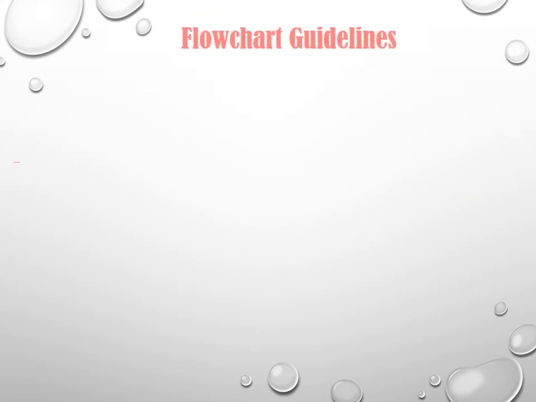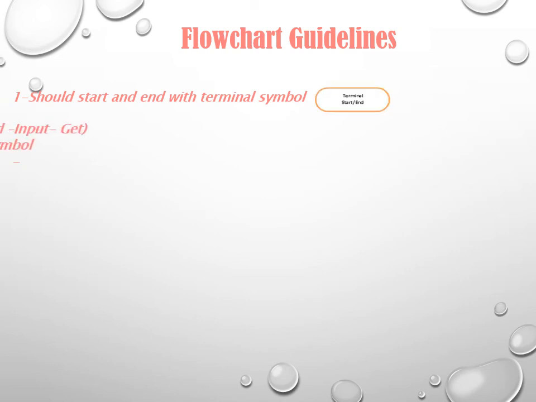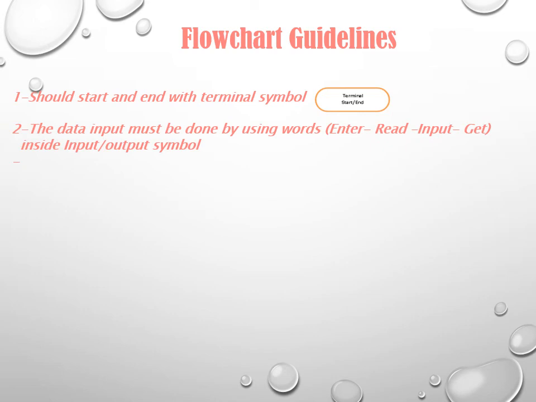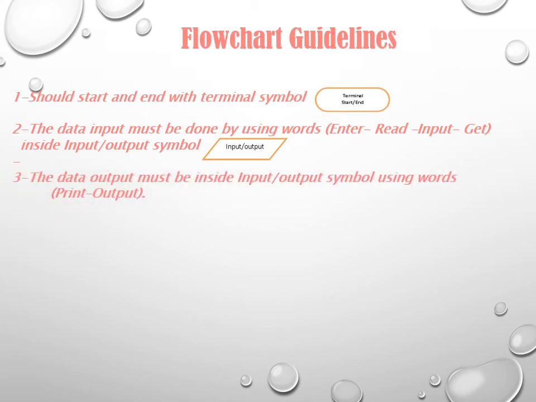Here are some guidelines for drawing a flowchart. First, a flowchart should start and end with a terminal. If I have input data, I must use 4 words: enter, read, input, get. If I have output data, I use 2 words: print, output.